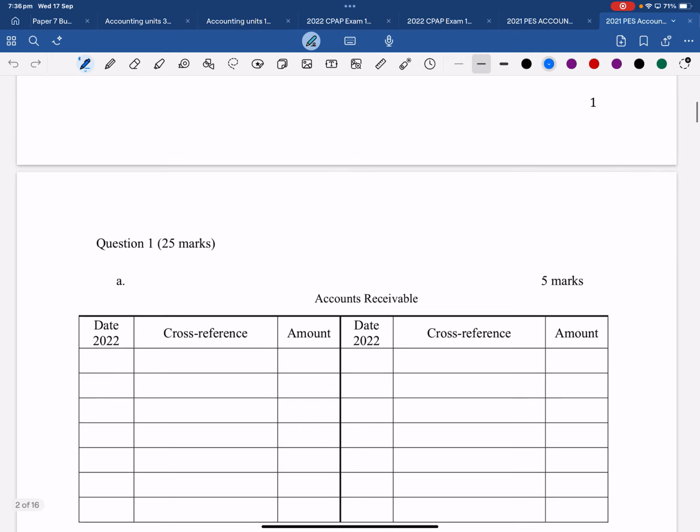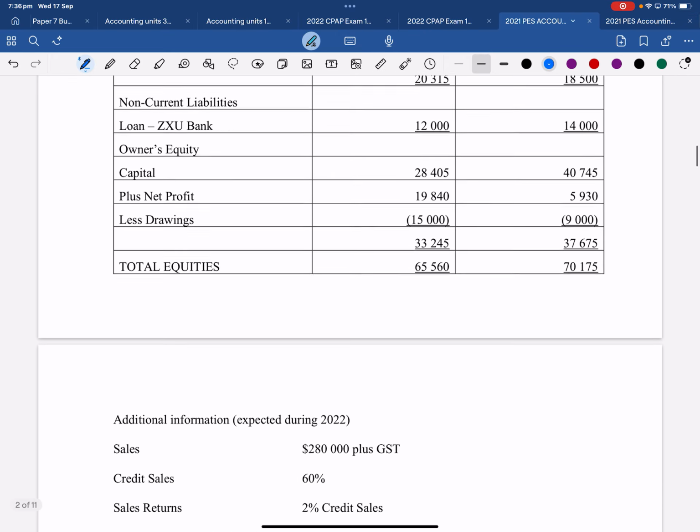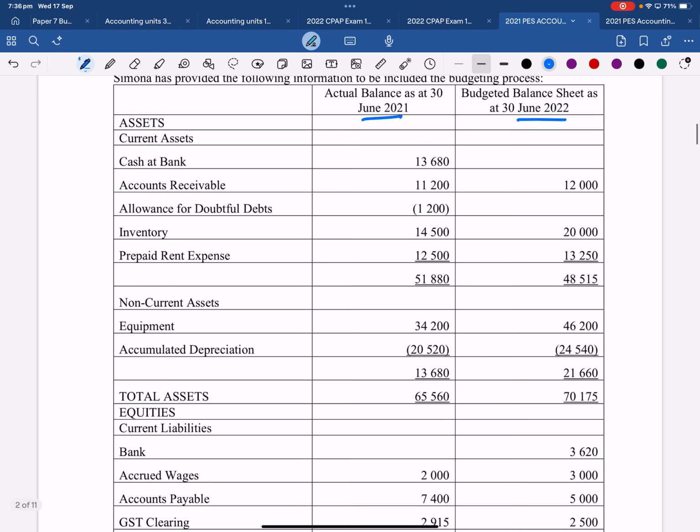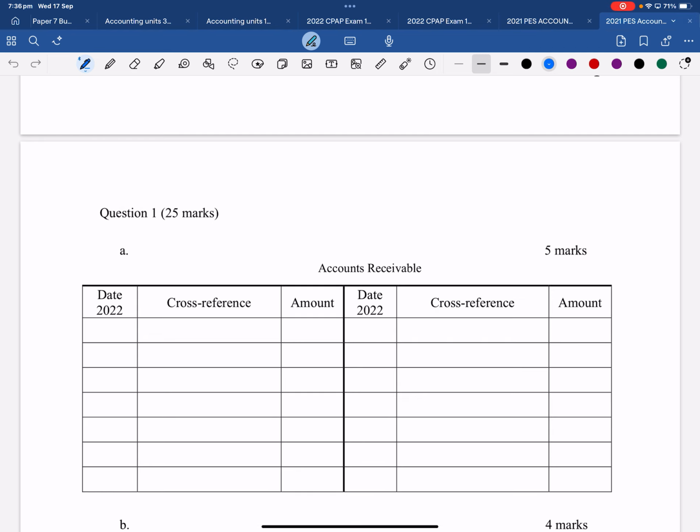Right, so then we'll do accounts receivable, guys. Firstly, I would do all of them together, but we'll do accounts receivable. Opening balance is 11,200 and closing is 12,000. So then you can put the first day. What's the first day of the period? July.